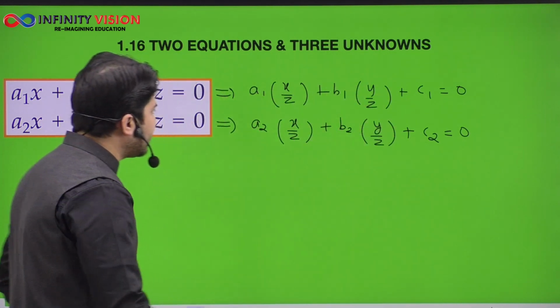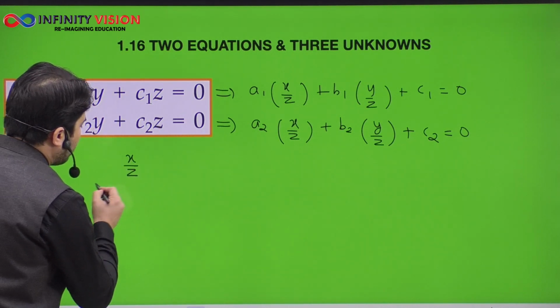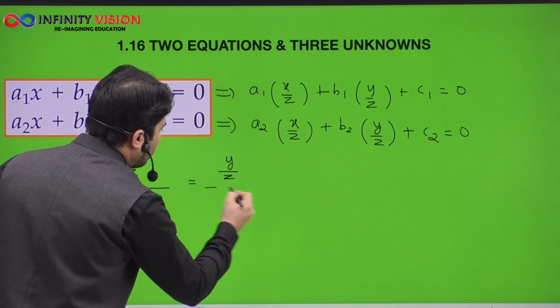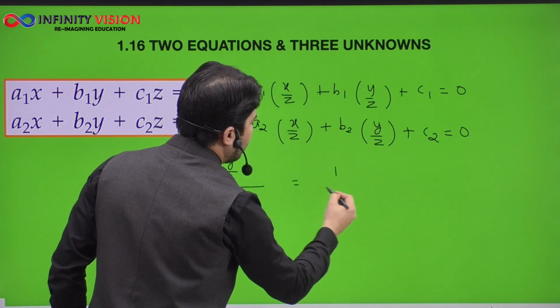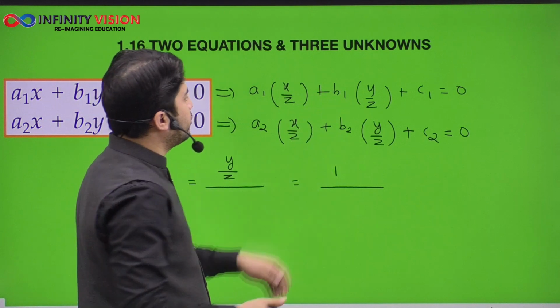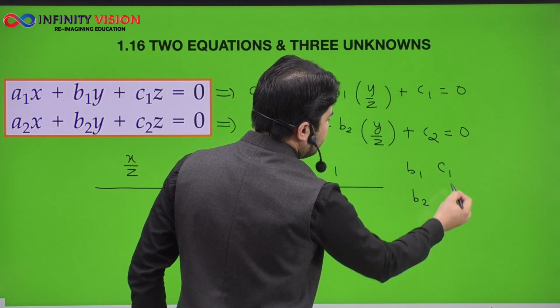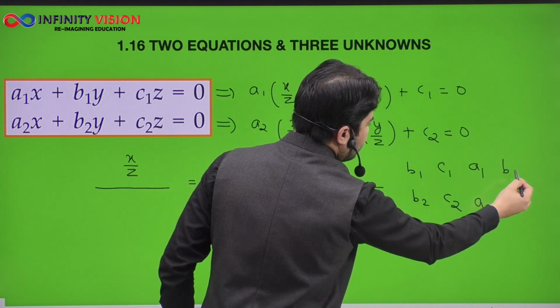So what I can do, I can just follow the cross multiplication method and I can write x by z upon, y by z upon, and 1 upon. Now you know what you are going to do. You are going to follow this routine like b1, b2, c1, c2, a1, a2, then b1, b2.